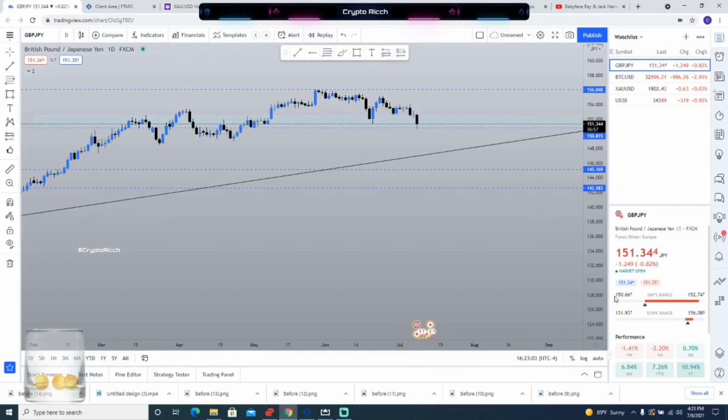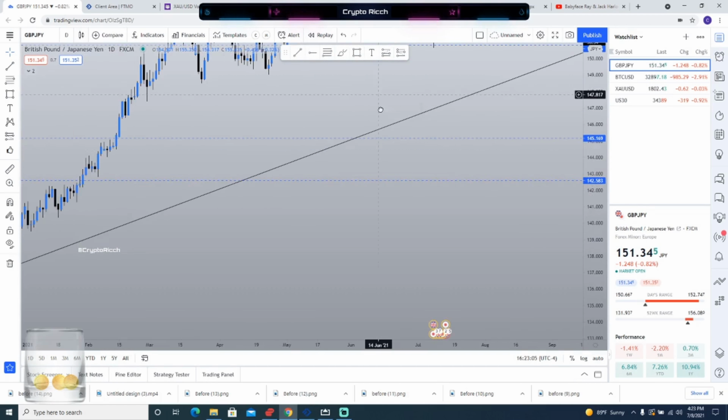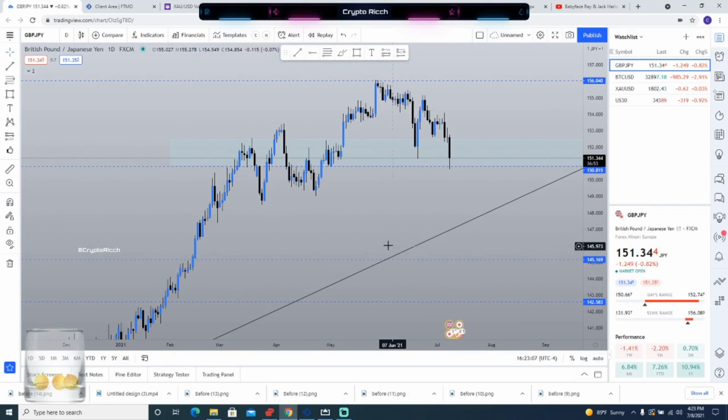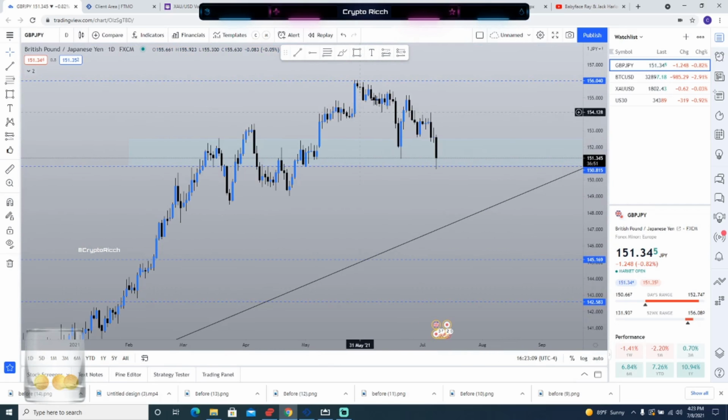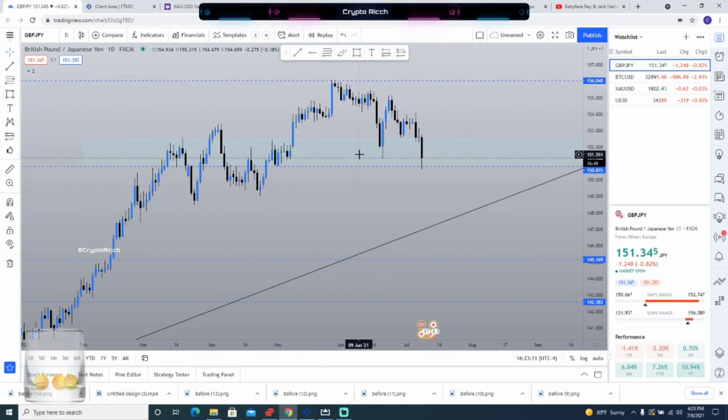I'm still going to tap into the daily and see what's going on. Boom. So I start to really see what's going on in this market. Number one, I'll see that it failed to create a higher high, and it broke that structure. You see, it was higher high, higher low, higher high, higher low, higher high, lower low, lower high, and so on.